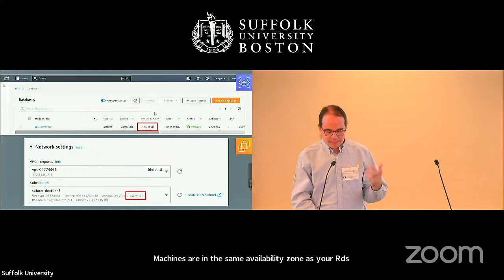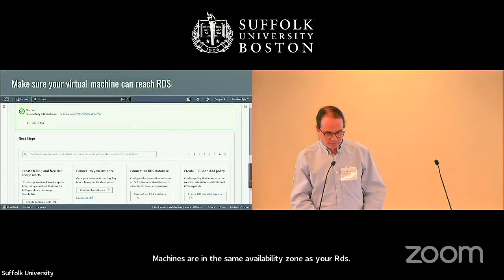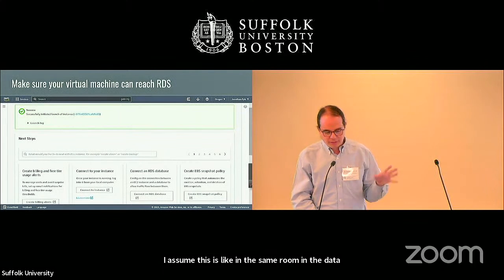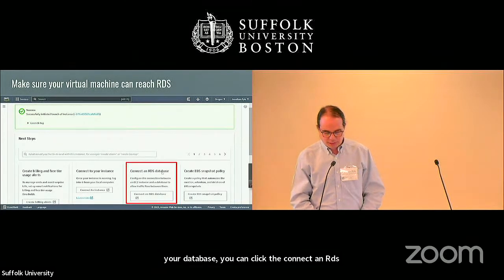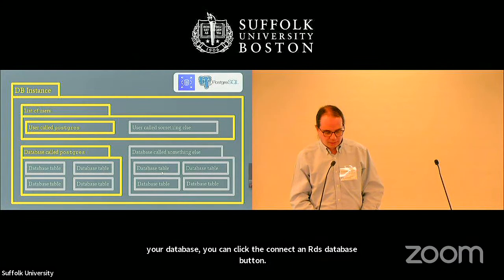I assume this is like in the same room in the data center in Virginia or something. And if you create your virtual machine after you create your database, you can click the Connect an RDS database button when you create your virtual machine.